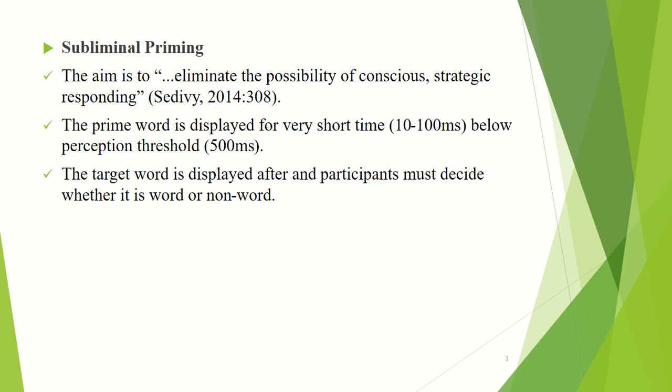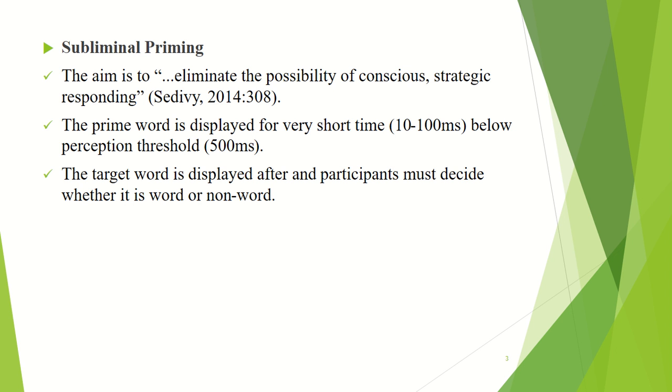So any stimuli which is below 500 milliseconds are not perceived consciously. But it doesn't mean that it is not perceived at all. Let's say it is perceived subconsciously, but we cannot use our conscious memory, or let's say we cannot use the strategies to analyze and process those stimuli.